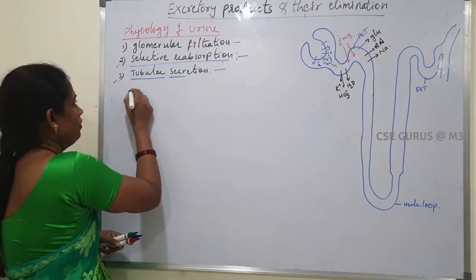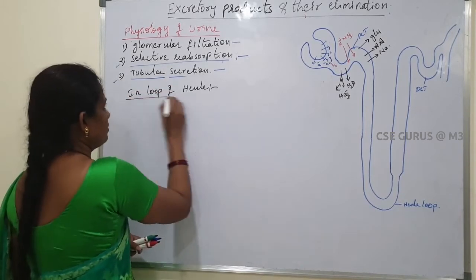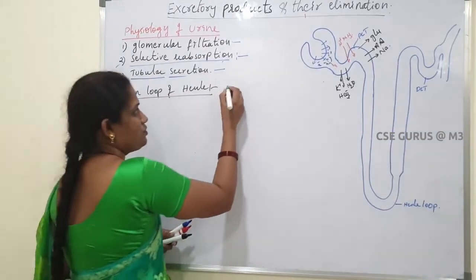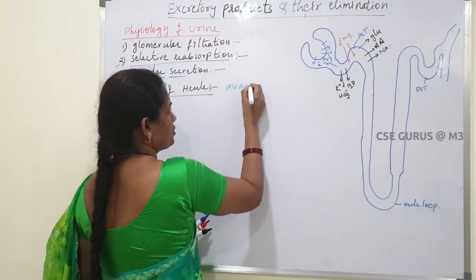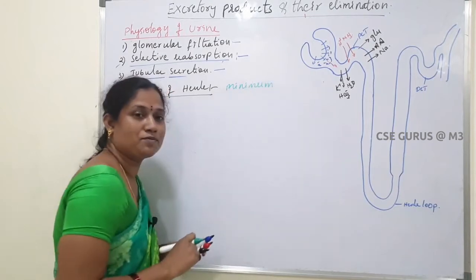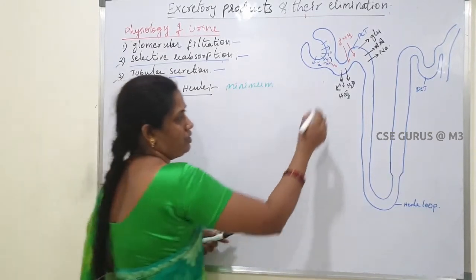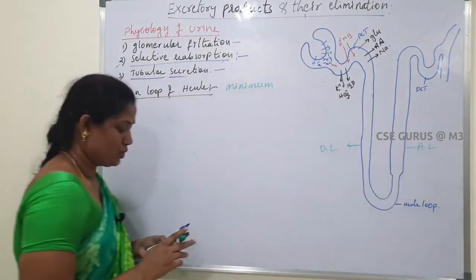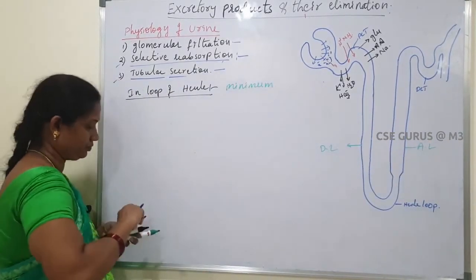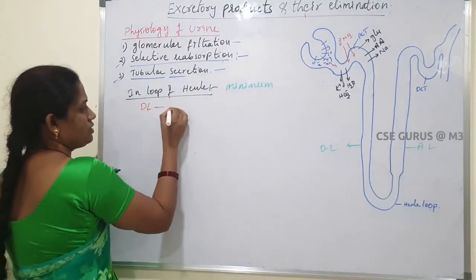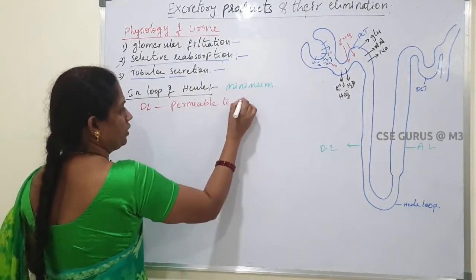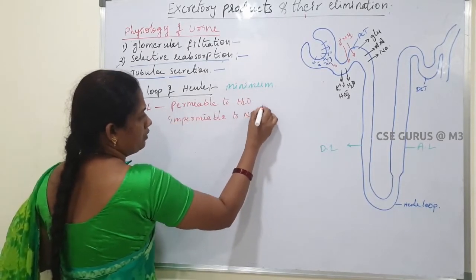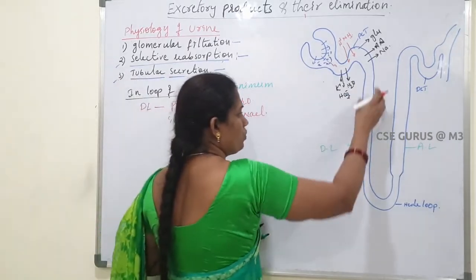Next, reabsorption in loop of Henle. Here very minimum reabsorption takes place. In loop of Henle, this is the descending limb, this one is the ascending limb. The descending limb is permeable to water and impermeable to sodium chloride, which means it absorbs only water.